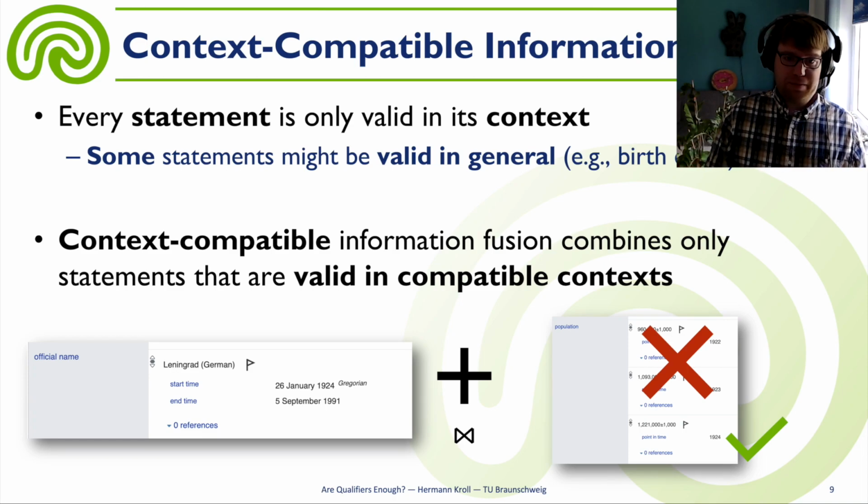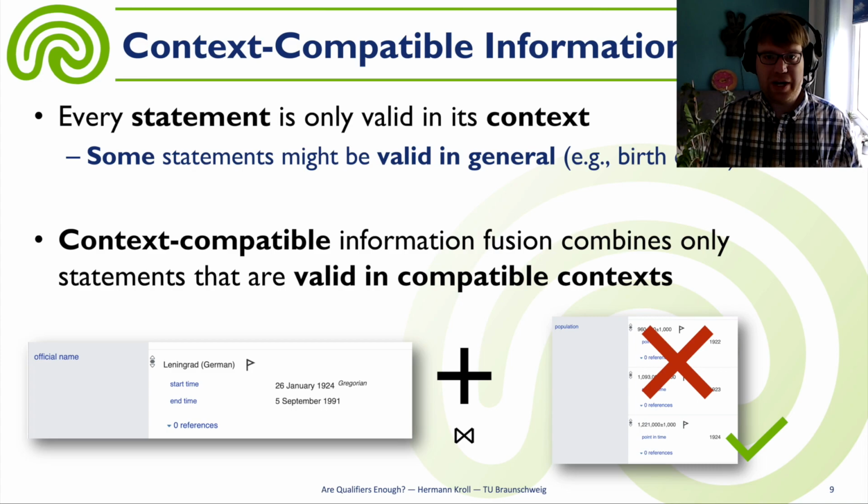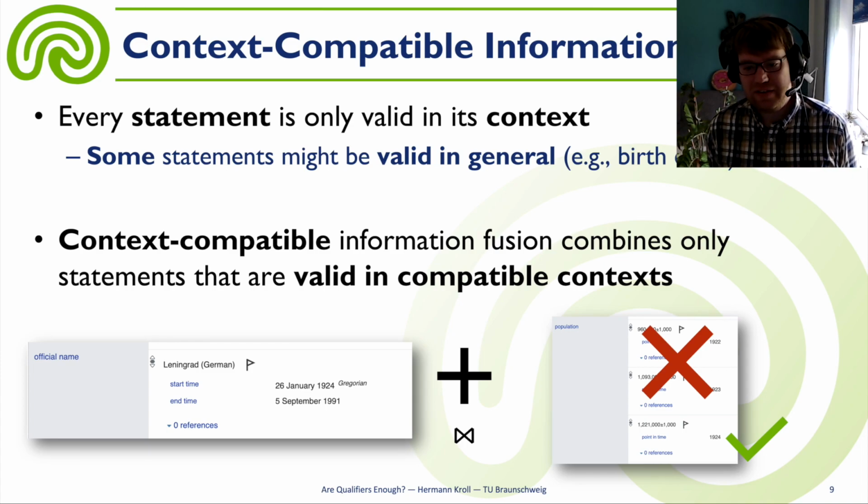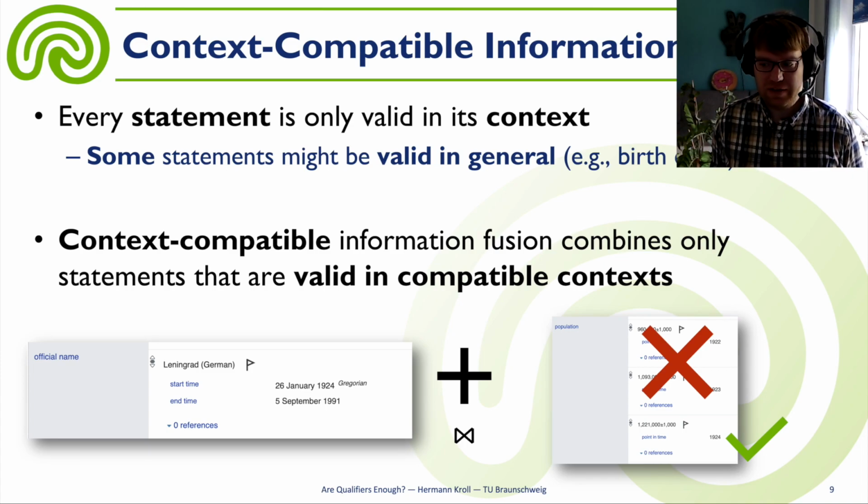There might be statements which are valid in general, right? Birth dates, and then you can use them in any context, no problem. But the point is, if a statement is only valid in a context, then we should consider these contexts in the information fusion step. So if we combine two statements, then we should ensure that they are valid in the same context or compatible context. This is the main argument of our work.